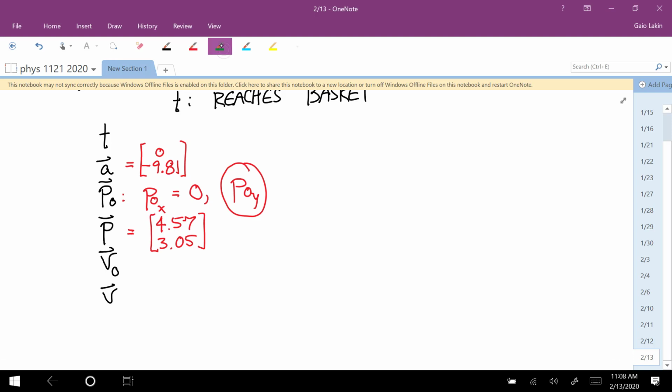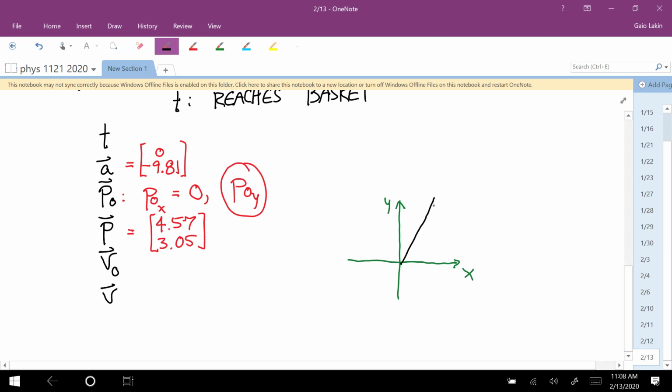And then to find the initial velocity, here's our coordinate system. Our initial velocity vector makes an angle of 60 degrees with the horizontal. And so that vector is 7.8, that's the speed, times the cosine and sine of 60 degrees.